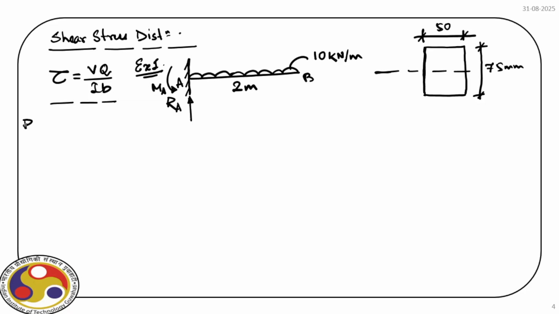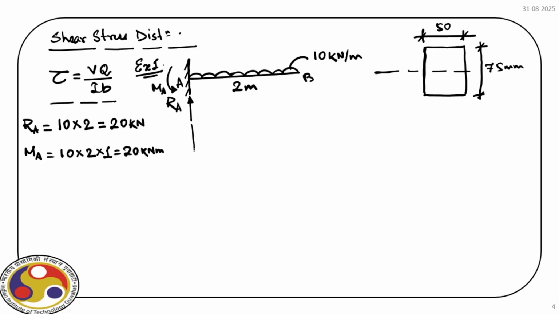Now RA is equal to 10 kilonewton per meter over a length of 2 meters, so it is 20 kilonewton. Similarly, we can find out MA, which is 10 times 2, that is the total load, and the lever arm in this case is 1 meter because we have the length of the beam as 2 meters. So again it is 20 kilonewton meter.